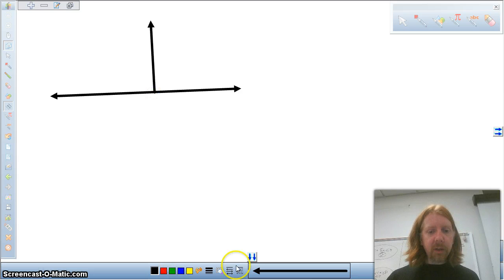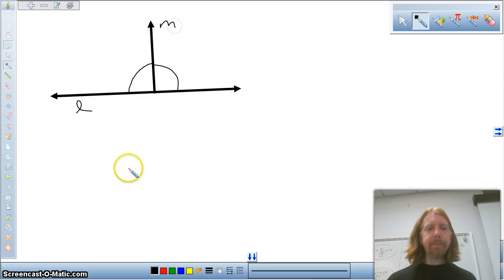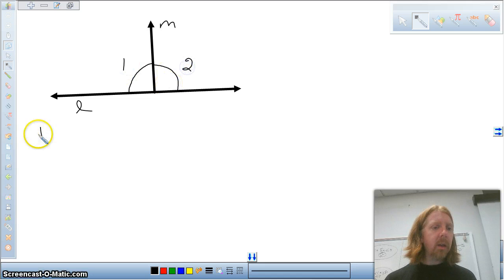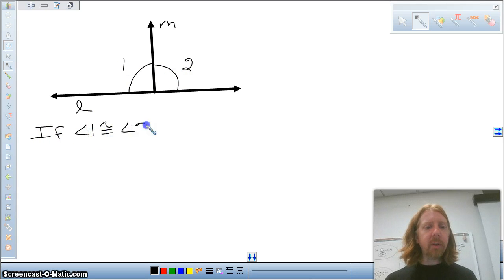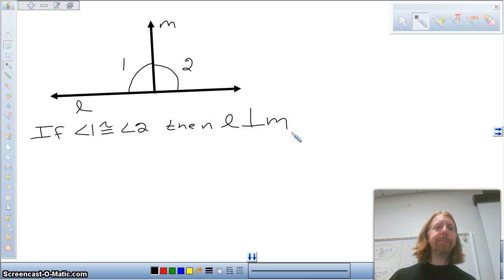And that ray comes in such a way that these angles are congruent. So there's L, there's M. And what we're going to say is that if angle 1 is congruent to angle 2, then L is perpendicular to M.